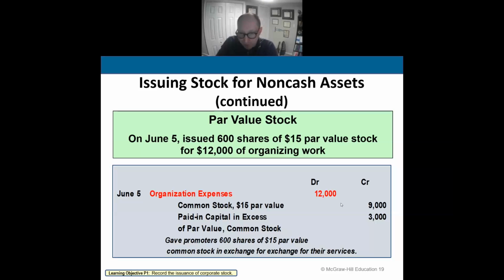Obviously, there's a difference. The expenses were 12, but you gave them $9,000 worth of stock. So the difference is what we call paid in capital in excess of par value. To find the difference, we just take the amount of the expense minus the common stock at par value.